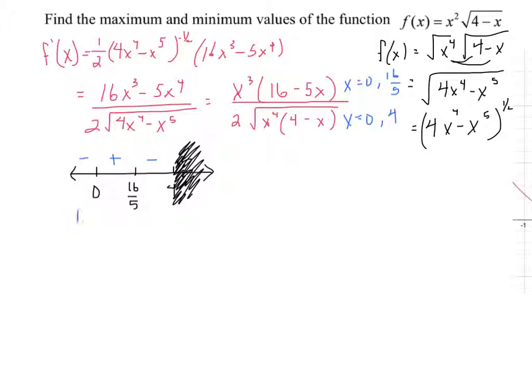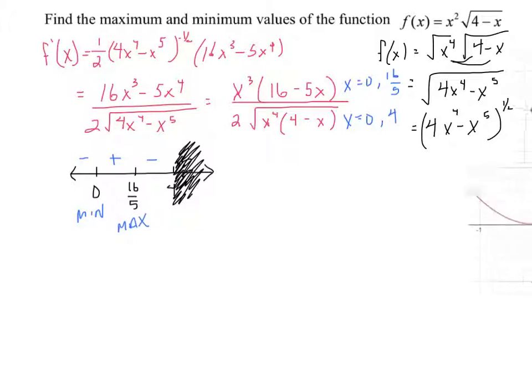This represents a minimum. Here, the derivative changed from positive to negative, so the function changed from increasing to decreasing. This represents a maximum. And what we're saying then is I don't even think it exists past 4.